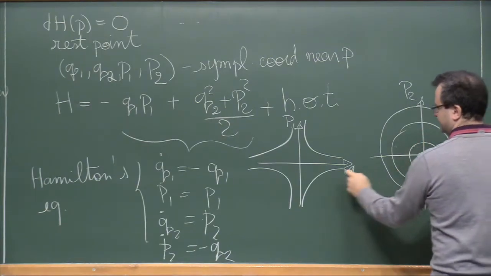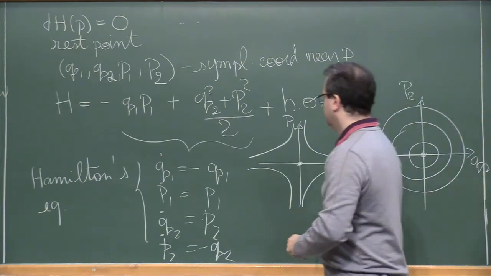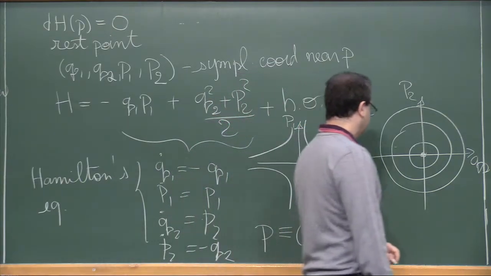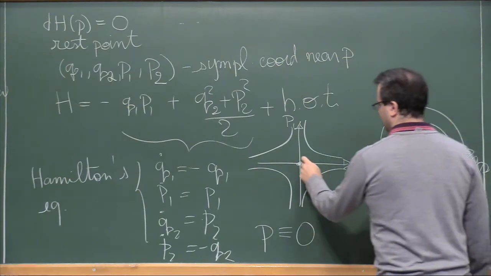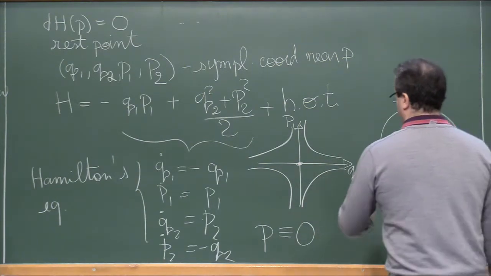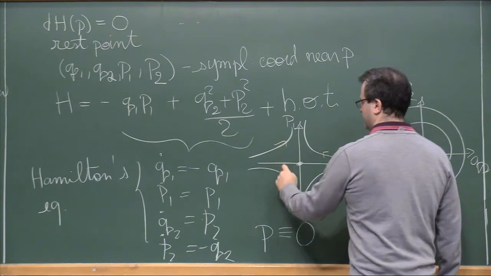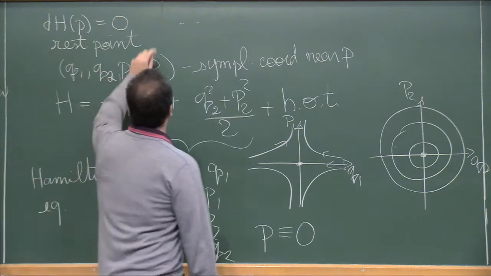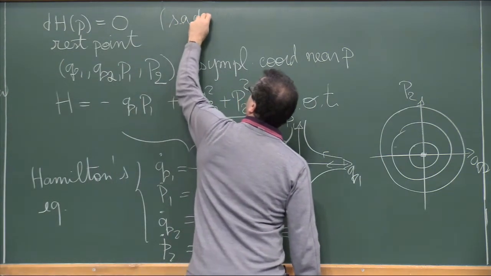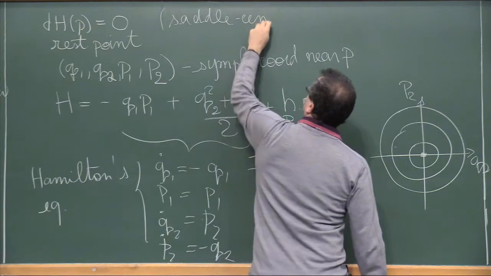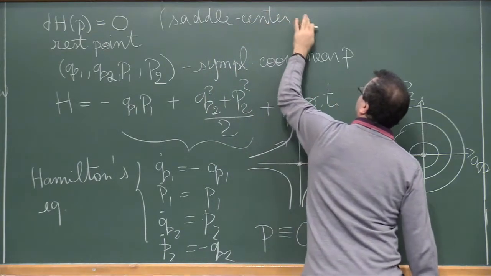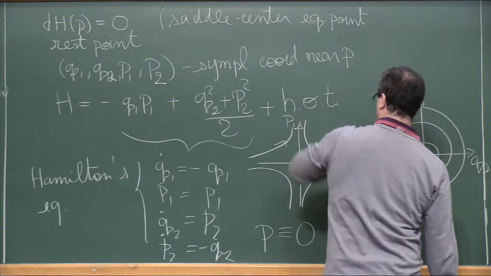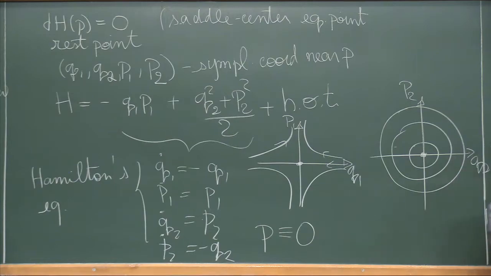So in this case, P is the origin. And for that reason, this equilibrium point is called a saddle center equilibrium point.